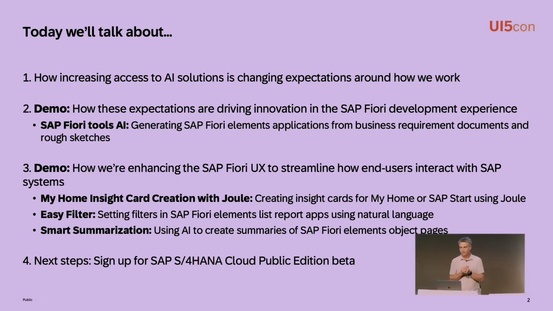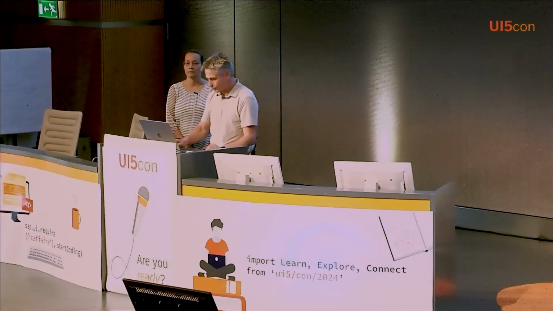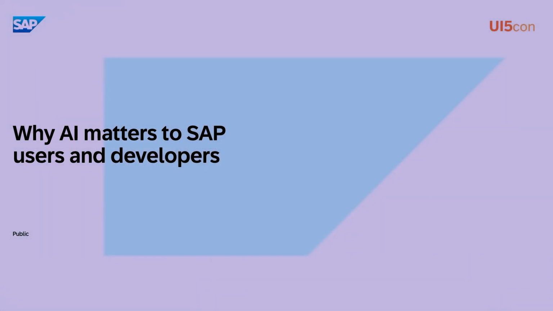And last but not least, in our fourth part, we are going to share with you how you can try these things out. Some of this you can already try right away. For others, you need to register in a beta program.